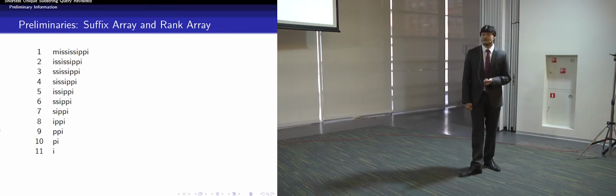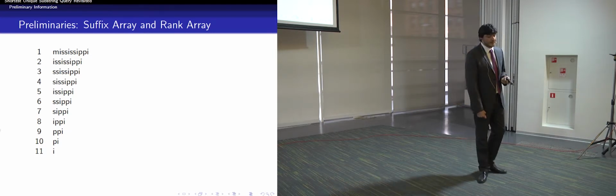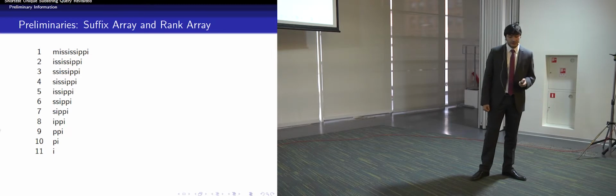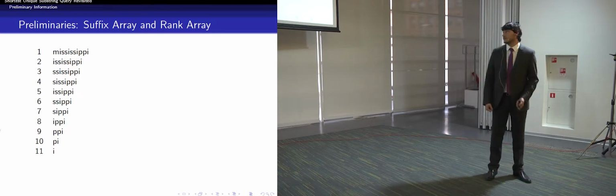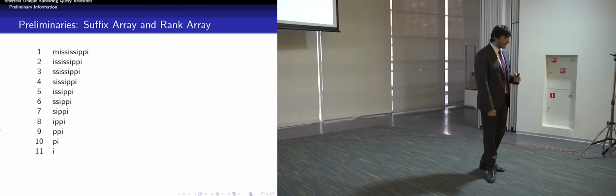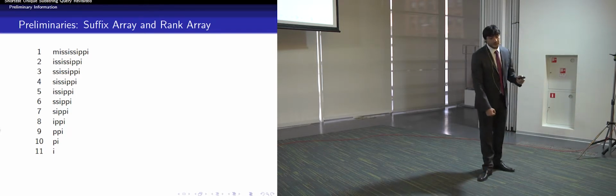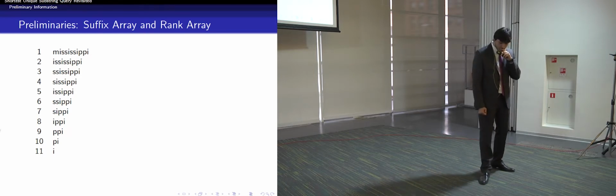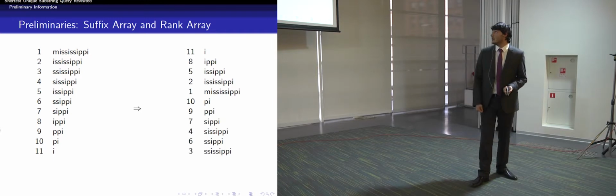The suffix array gives the position of a given suffix in the lexicographically sorted order of all suffixes of the string, and the rank array, also known as the inverse suffix array, is the position in the order.